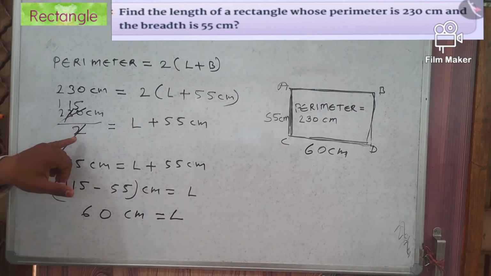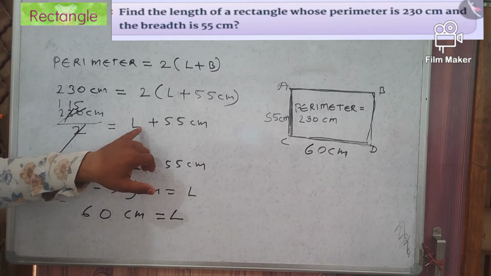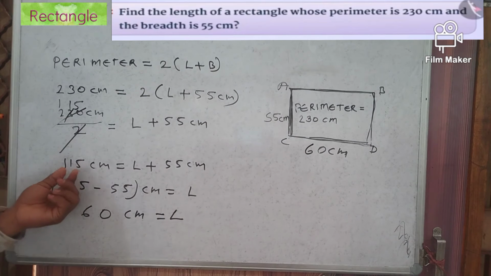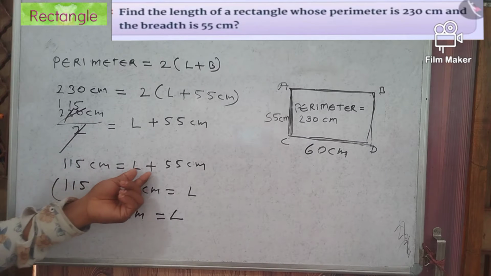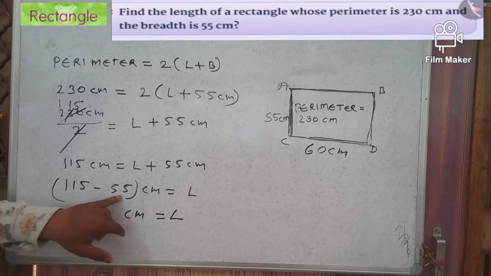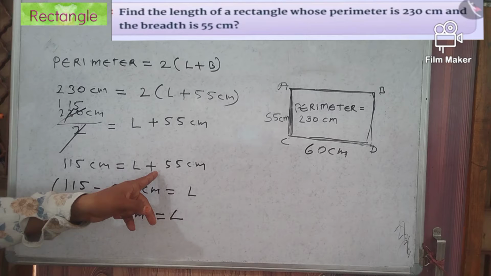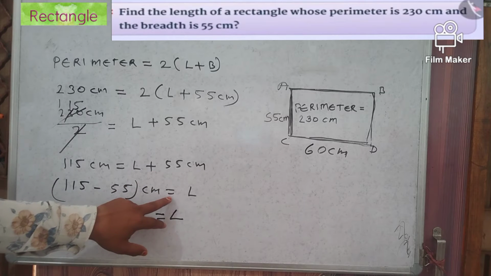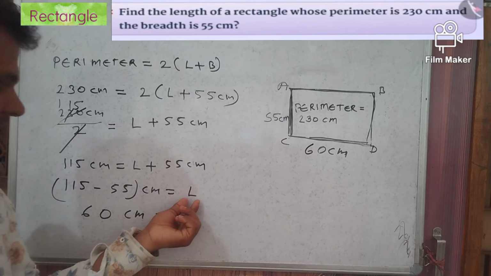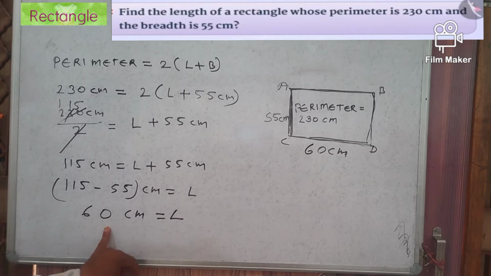So 230 by 2, 115 centimeter is equal to L plus 55 centimeter. 115 minus 55 centimeter, this is a plus here so it will be minus, is equal to L, length. Length is 60 centimeter. So this is the answer of this question.